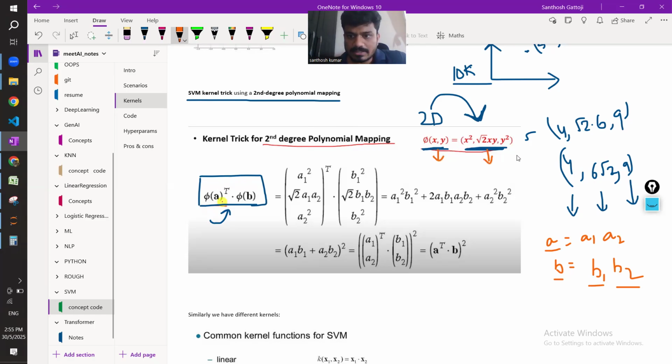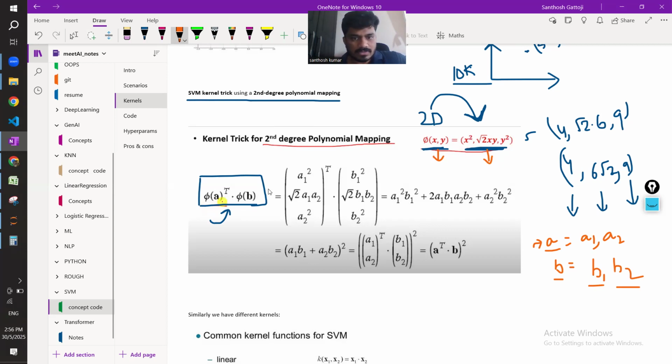So applying it, phi of A is, for the point A, what is our x? A1. What is our y? A2. So it will be A1 square, square root of 2 A1 A2, A2 square.